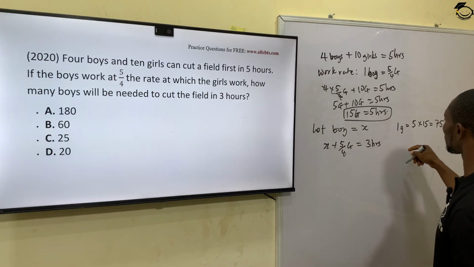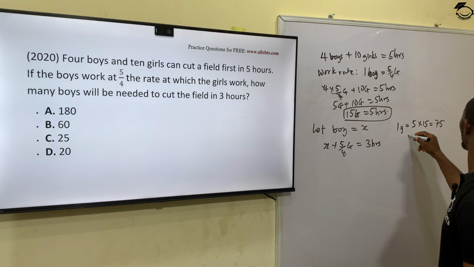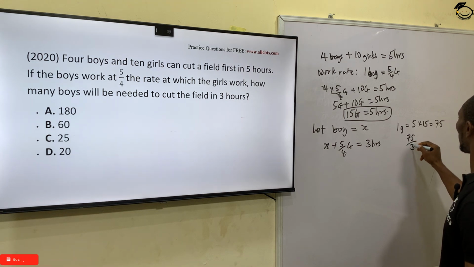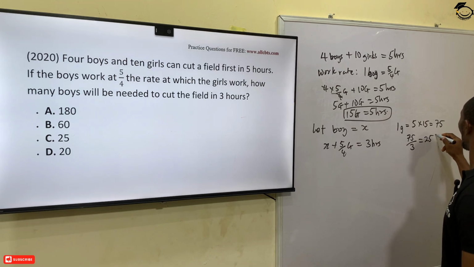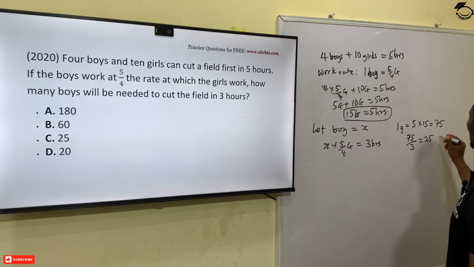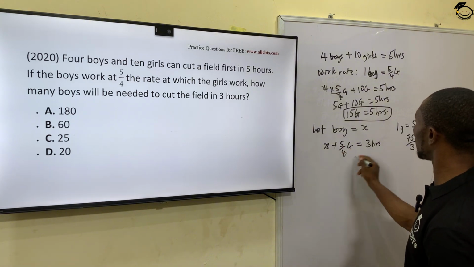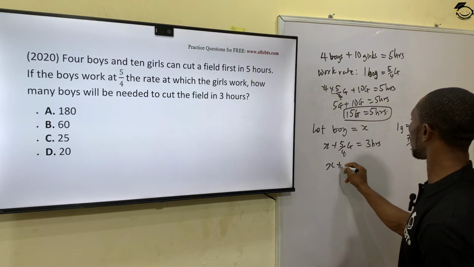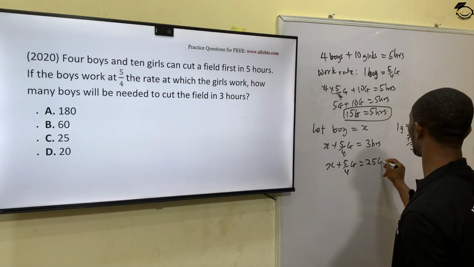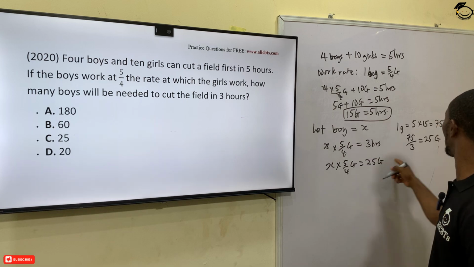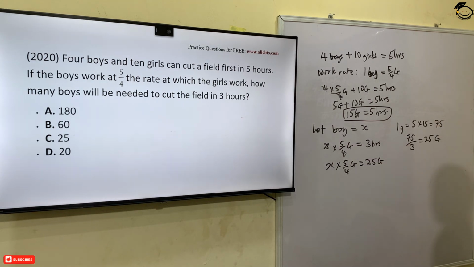So for 3 hours here, we have 75 divided by 3, which gives us 25G. So now we can say this to be X plus 5/4G equals 25G.